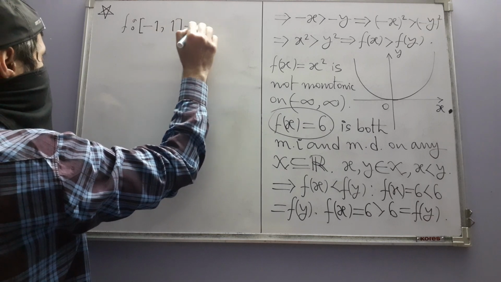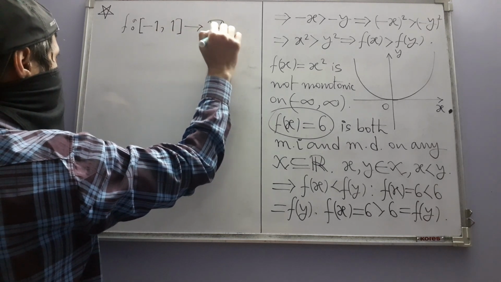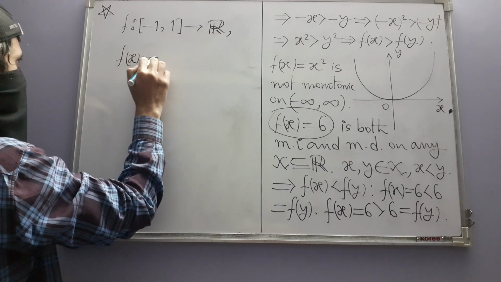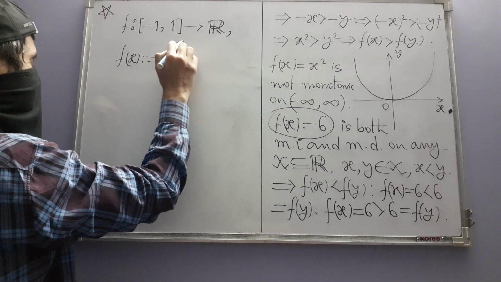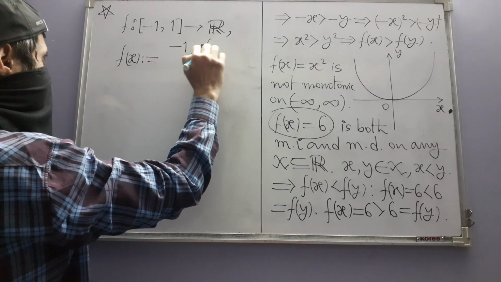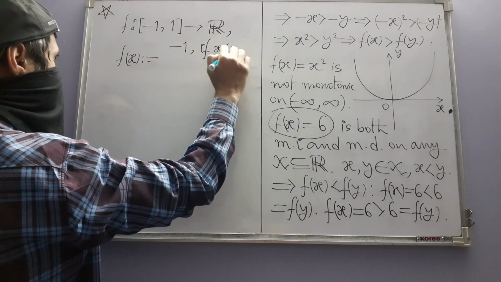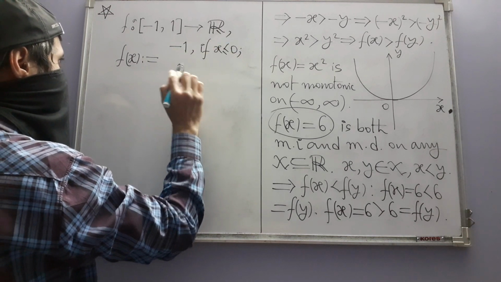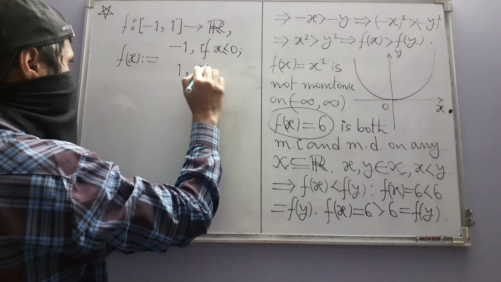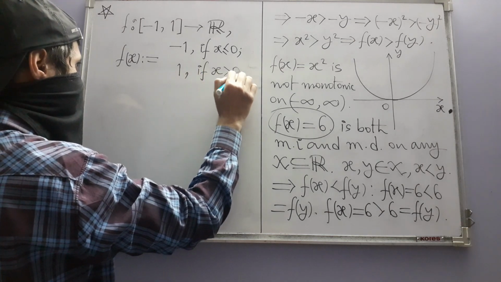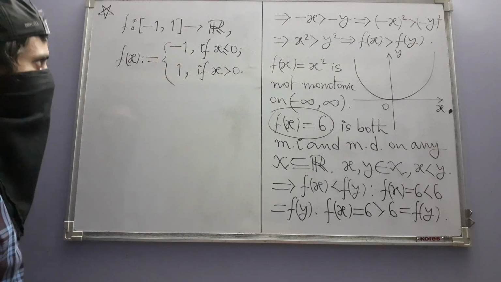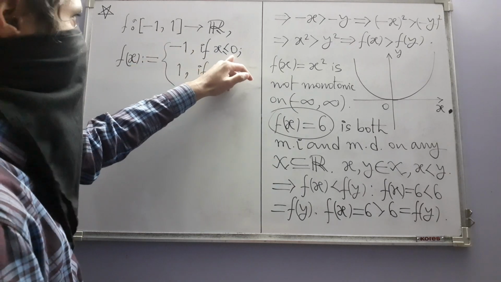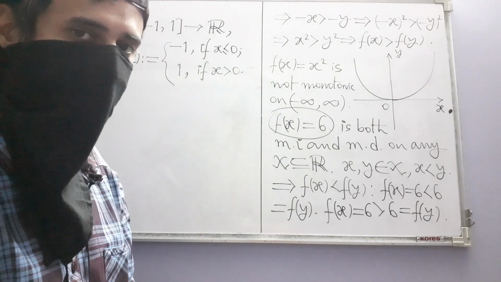A simple example. The rule for the function is, say, this: if x is positive but less than or equal to 1, and non-positive but greater than or equal to -1.